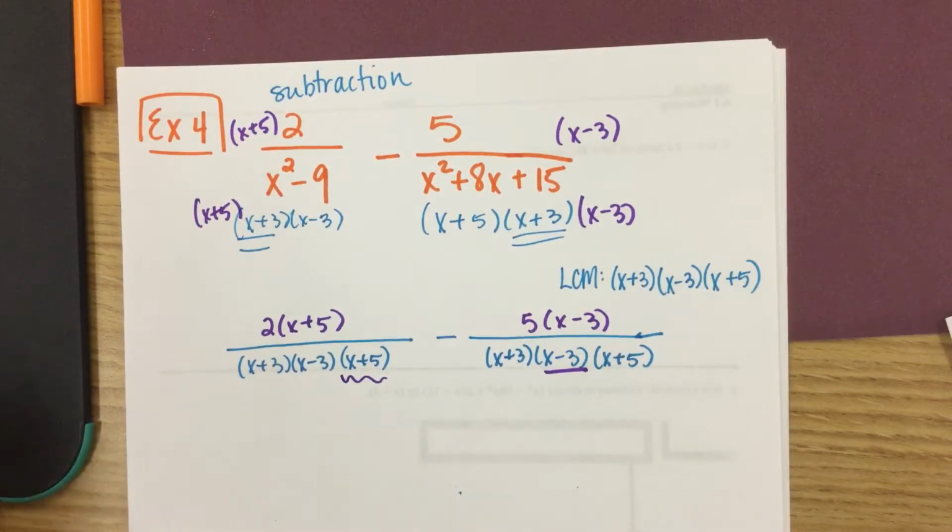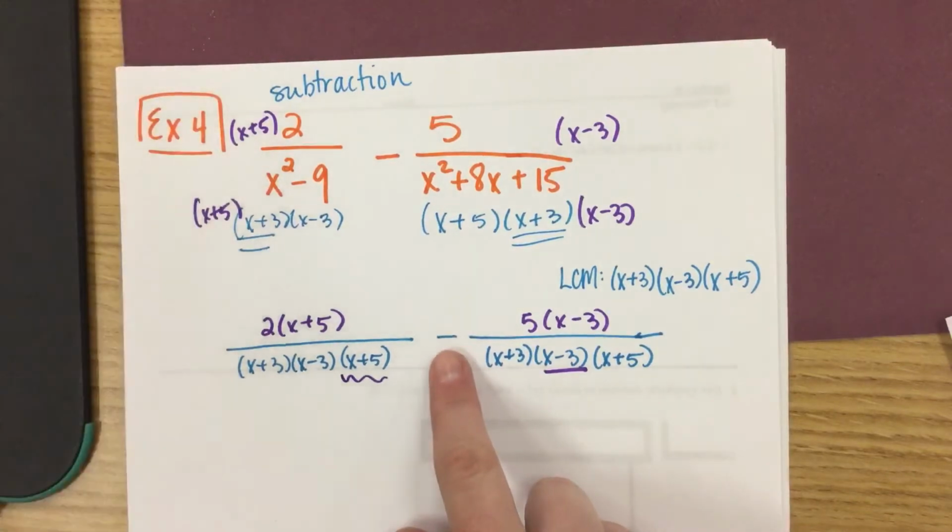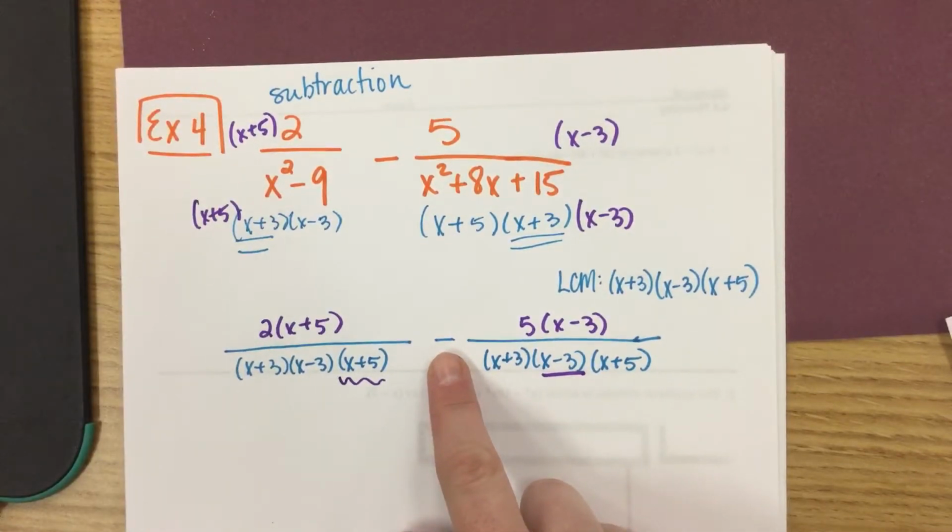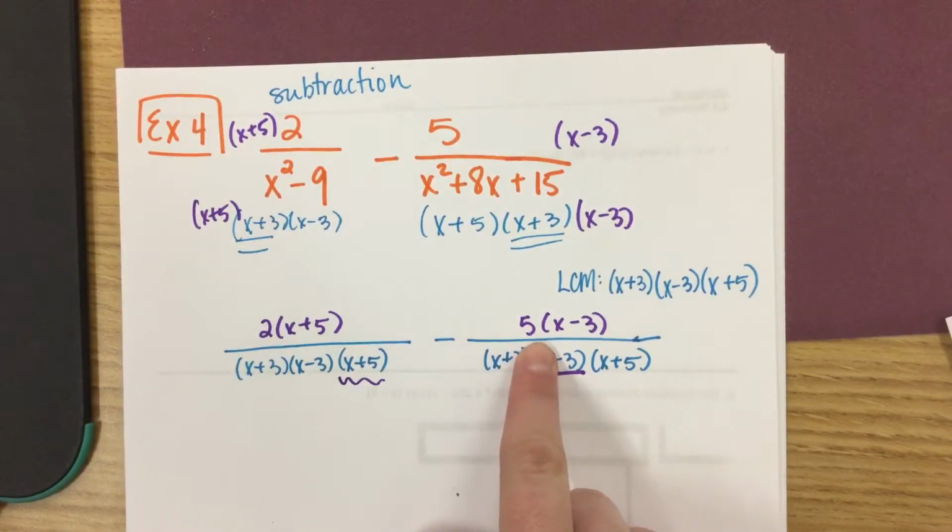Now, what I need to be very careful with and point out here is that this minus is here. And so when I would go to distribute that and I would get 5x minus 15, I would then have to remember that I'm subtracting each of those terms. And typically people don't remember that.